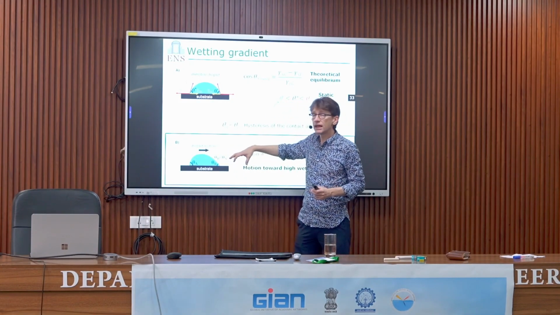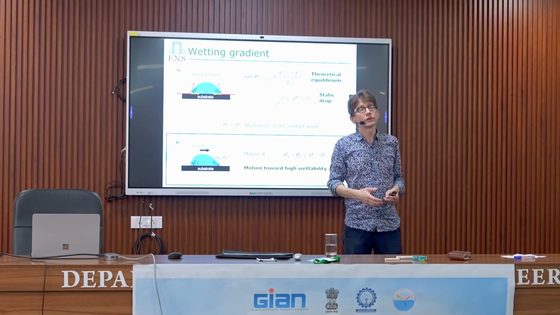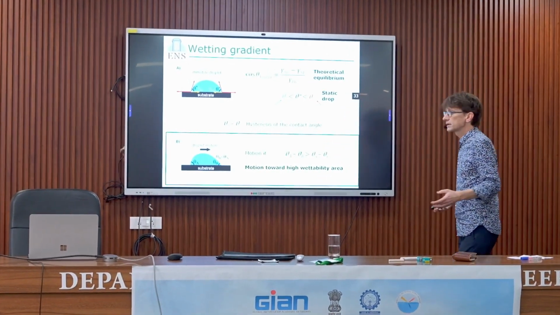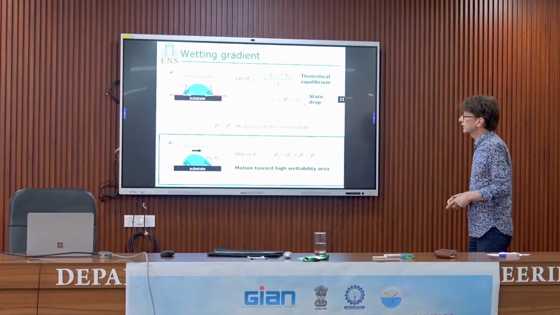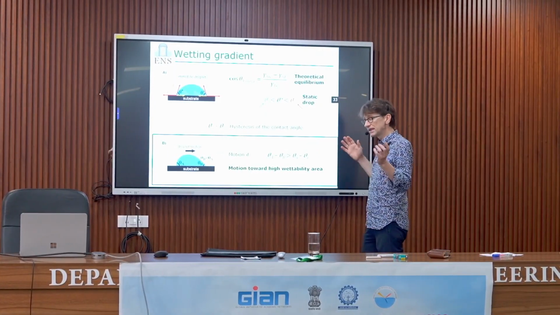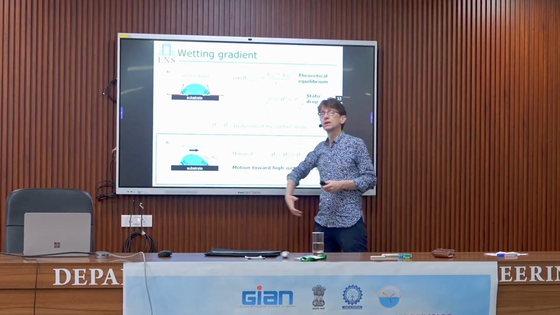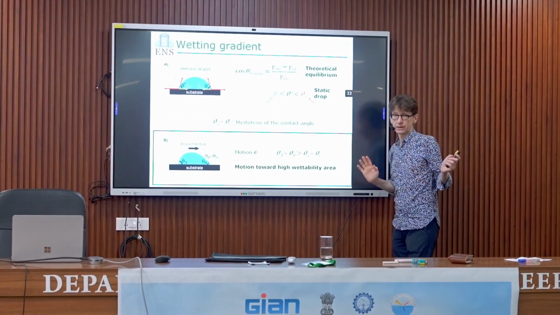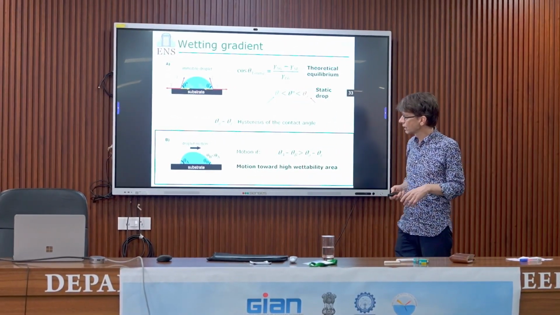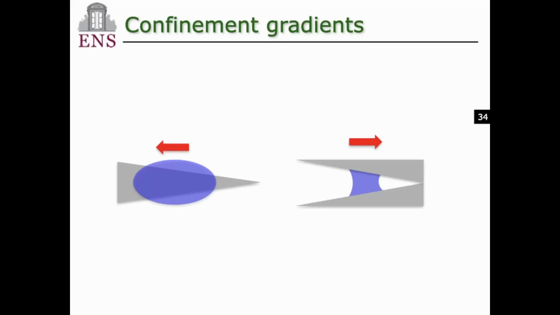And this drop will move only if this can beat the hysteresis of contact angle. So typically, you will have motion if your gradient of contact angle is larger than the hysteresis. With that, you understand that you can use confinement gradients to create transport.